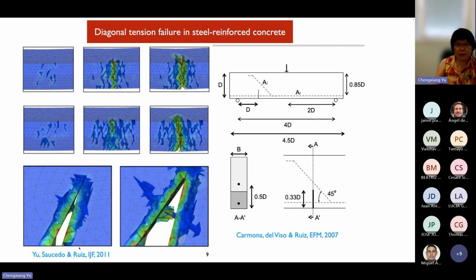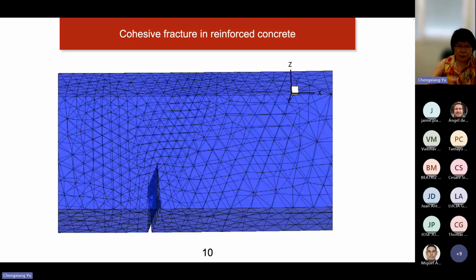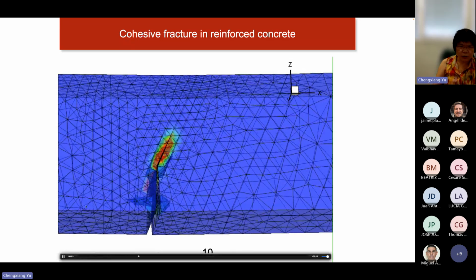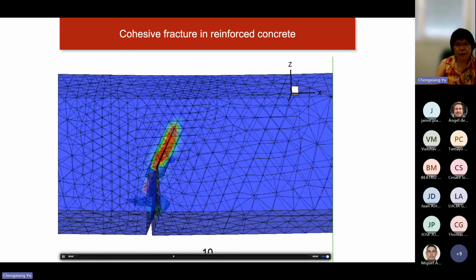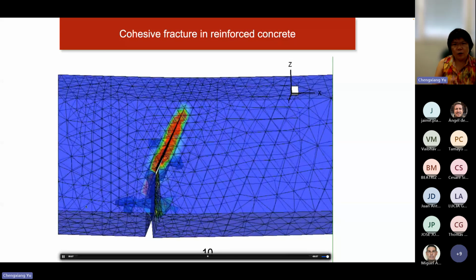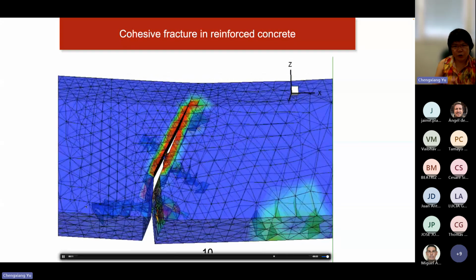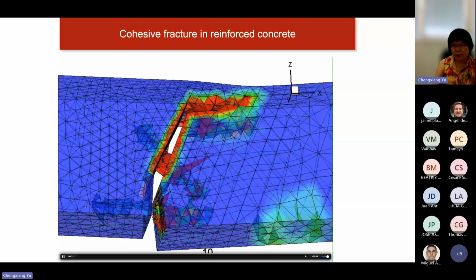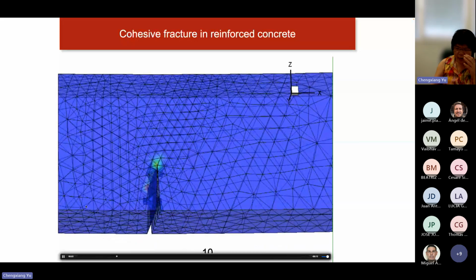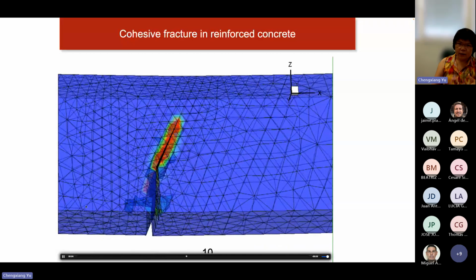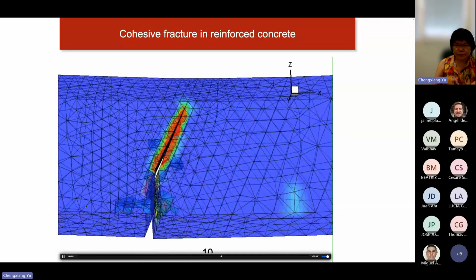This is another example, for more mixed-mode fracture. Let me see if I can zoom in on how the fracture has propagated. At some point we have a faster fracture, because this simulation combines both static and dynamic fracture.